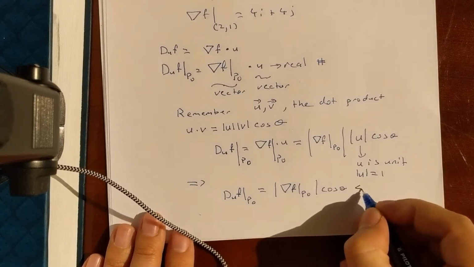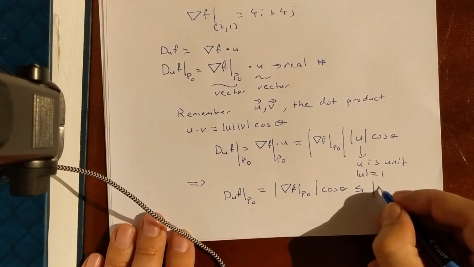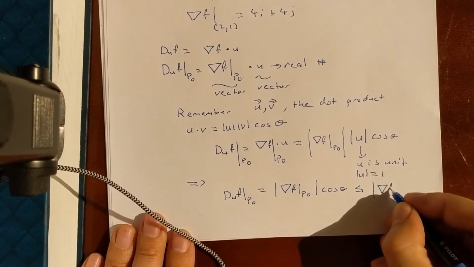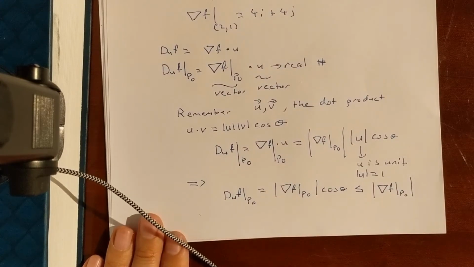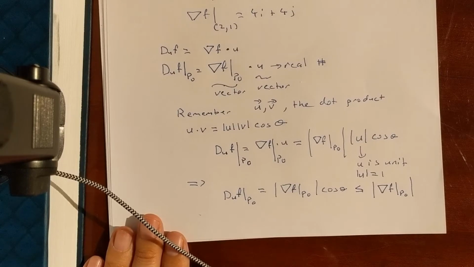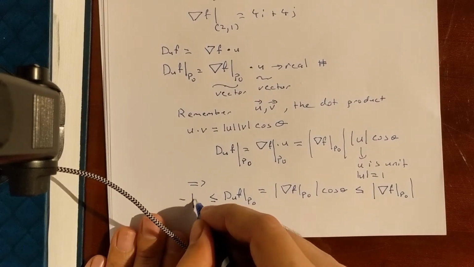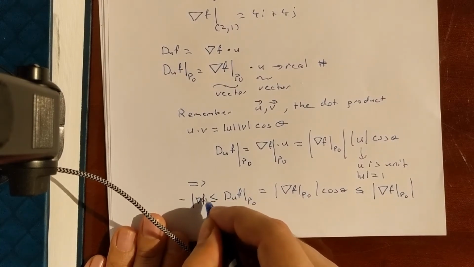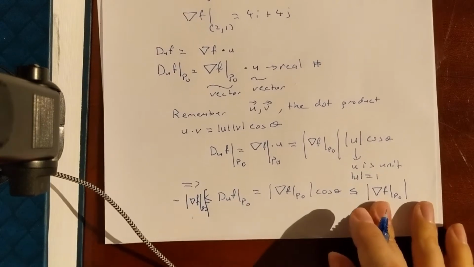So we can say that the directional derivative is always bounded above by the absolute value of the gradient of f, and bounded below by negative the absolute value of the gradient of f, evaluated at p naught.